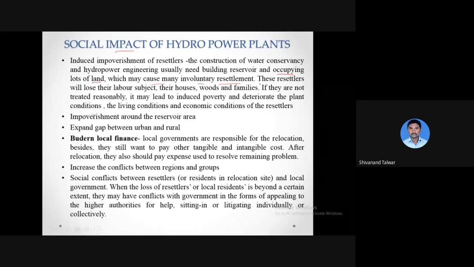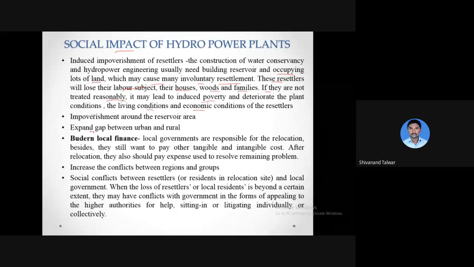Sometimes around 100 villages will be resettled. These resettlers will lose their labor, houses, woods, families, and all that will be destroyed. If these resettlers are not treated reasonably, then it may lead to poverty, and the living conditions and economic conditions will be hampered.